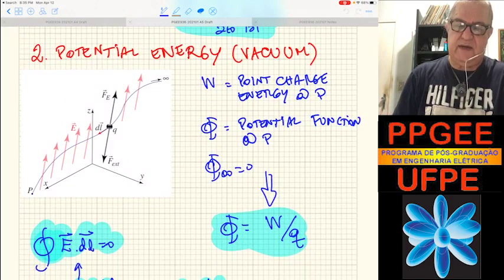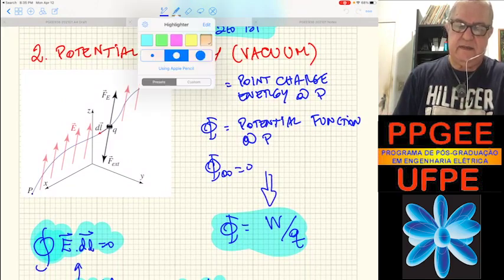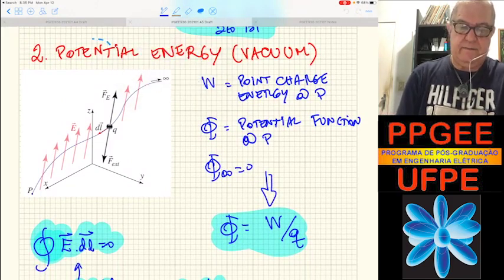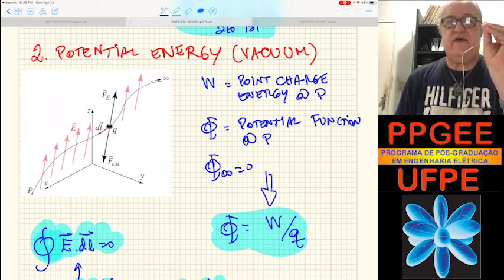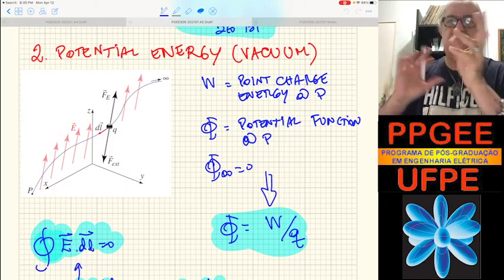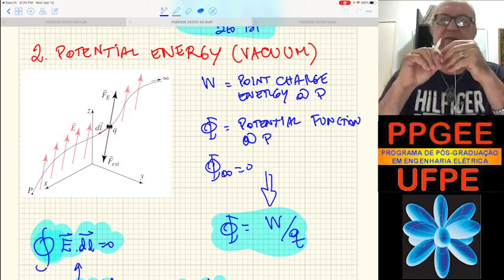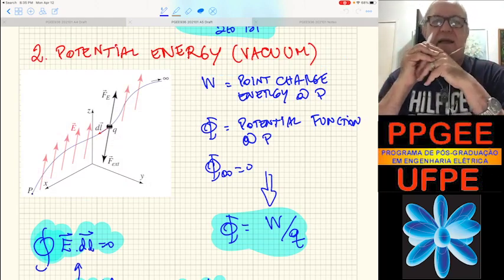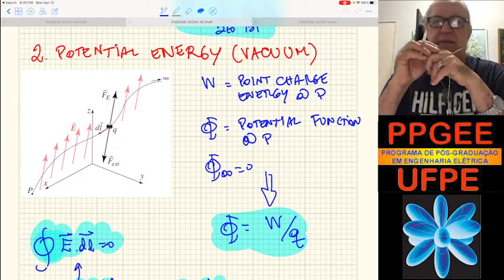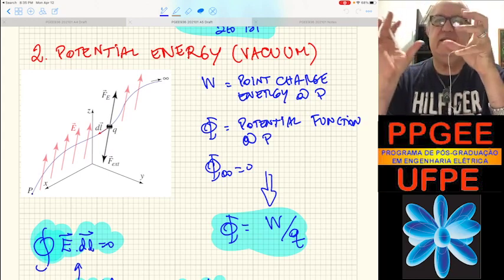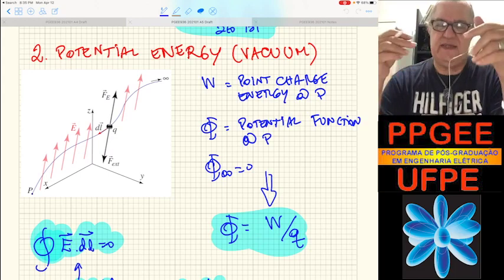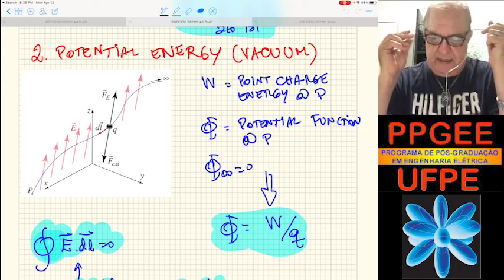Let's call it potential energy, in vacuum, because the only things that we have are charges and vacuum. We don't have insulating materials, uncharged, non-ionized atoms and molecules. We're going to introduce that, but we don't have that yet.